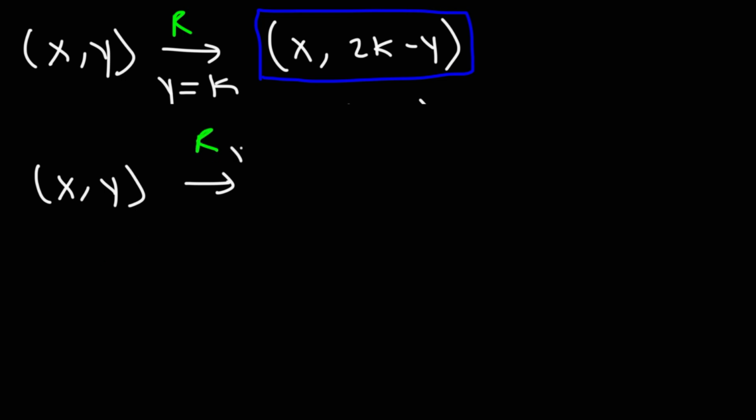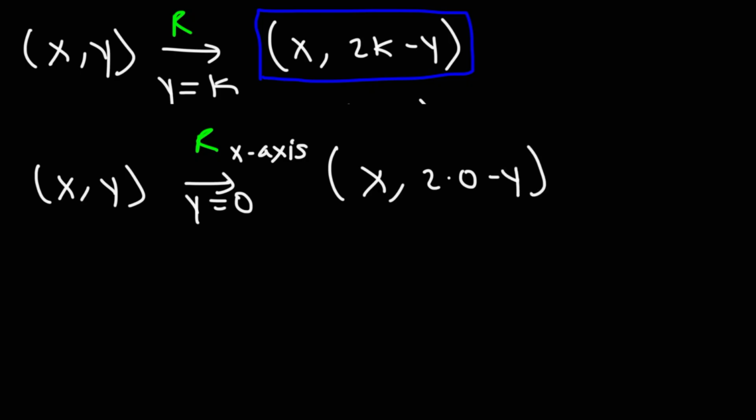If we want to reflect something across the x-axis, we're reflecting it across the line y equals 0. So k is 0. We get 2 times 0 minus y. This becomes x, -y.